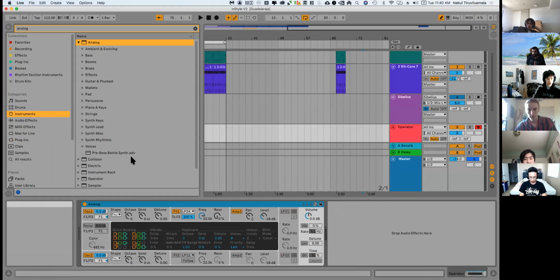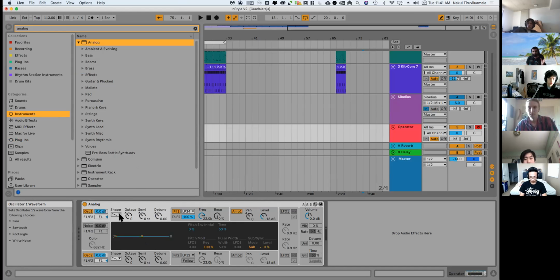So the idea behind Analog is that, for one, you have 2 oscillators that you can play with. So remember, an oscillator is just a spinning contraption, and depending on the mode of how it's spinning, you get a different sound, right? So you can actually choose different sounds.